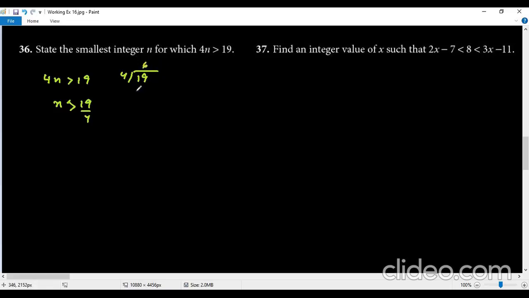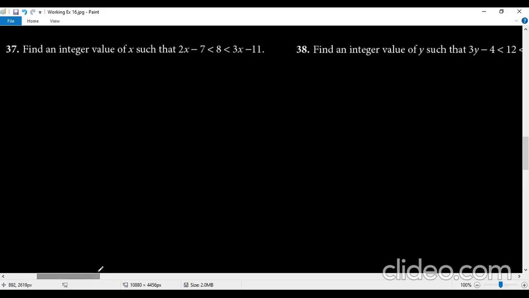And once we divide 19 by 4, it's going to give us 4.75. That means the smallest integer for 36 is going to be n equals 5. That means if I put 5 over here in place of n, this statement is going to be true. So 5 is the right answer.